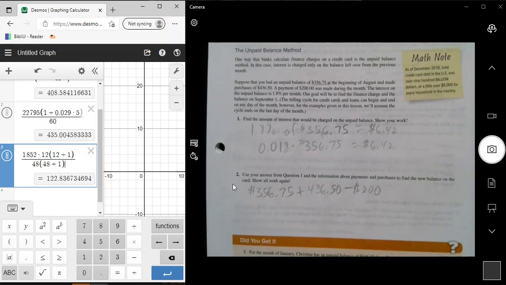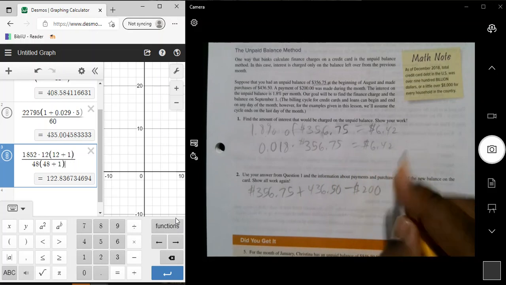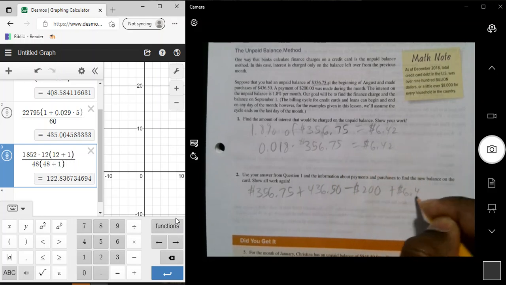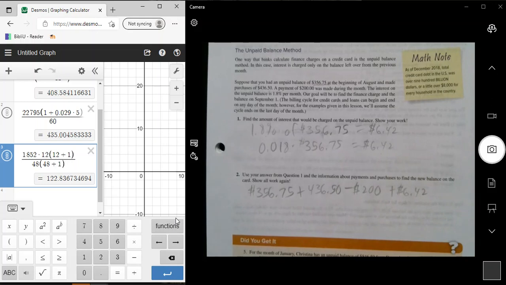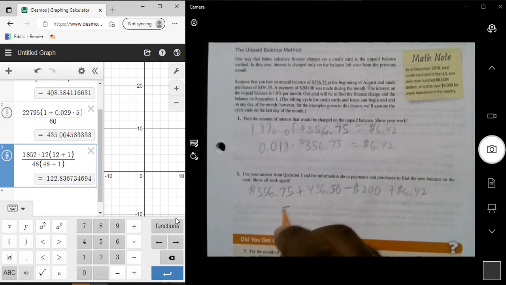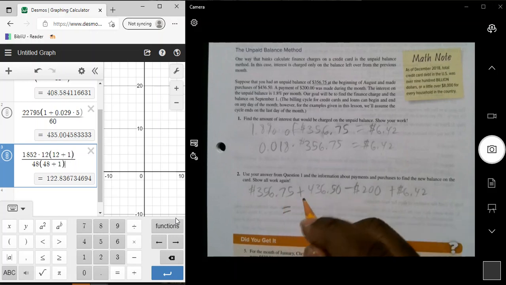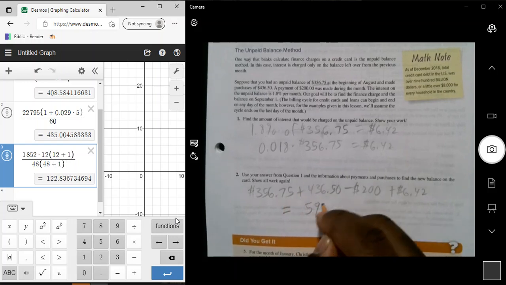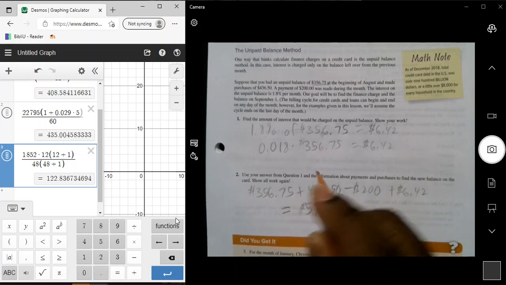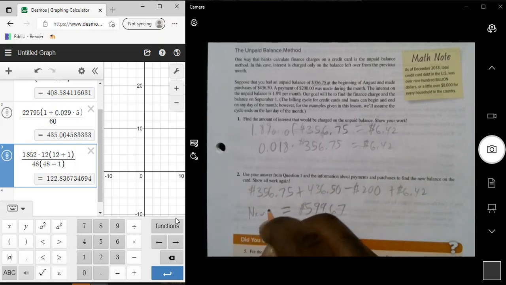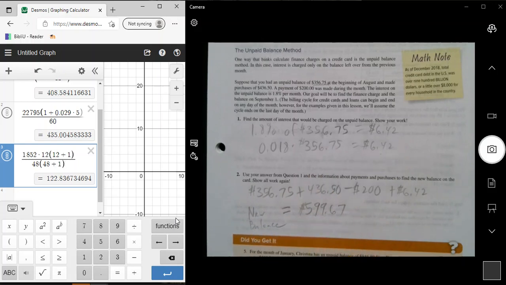And then we would have to add on the $6.42 that we have up here, because that also will go for the balance at the beginning of the next month. So now when we add all this and subtract this together, this will give us $599.67. And this would be your new balance. Your new balance would be the $599.67. It's a lot going on there.